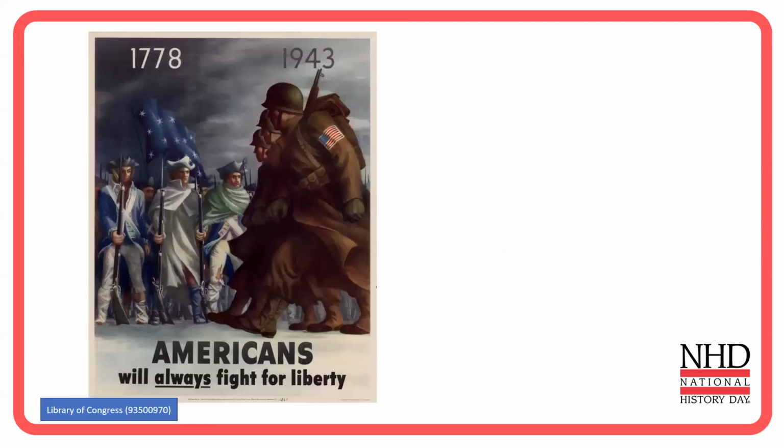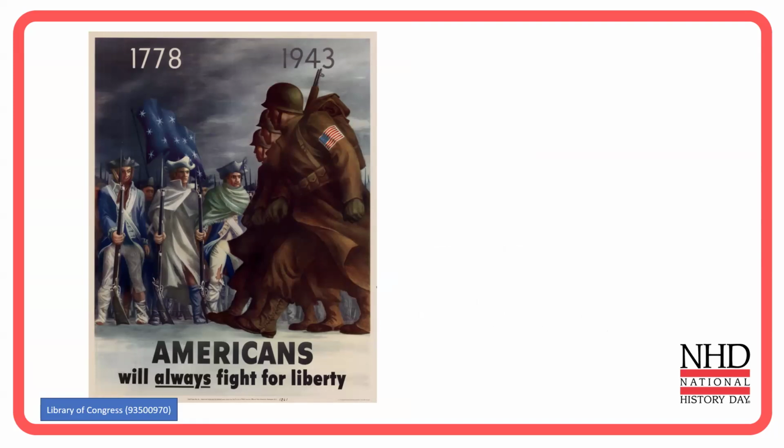There's no shortage of places that we could follow this idea. One of the great collections at the Library of Congress is their collection of World War II propaganda posters. This is a terrific one that I use with my students all the time.